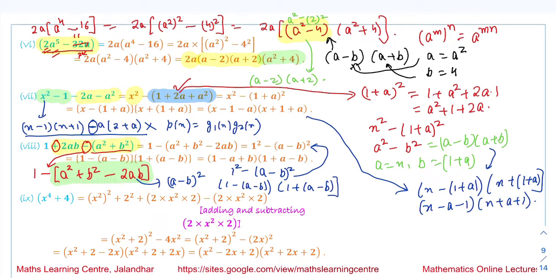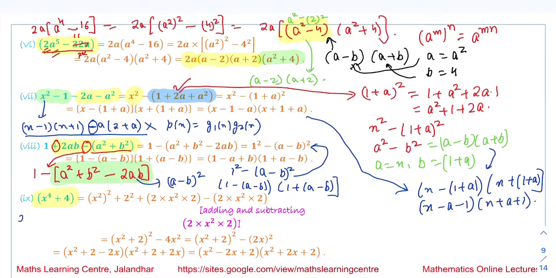Now in the next question, we have x raised to power 4 plus 4. No direct formula is applicable over here, because we cannot group the terms. The formula a square minus b square is not applicable here. So what we try to do is write this x raised to power 4 plus 4 in a different form.